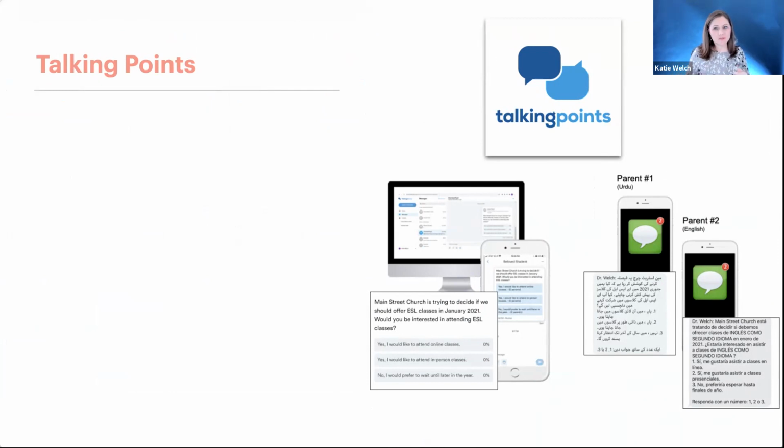And so when we think about those domain specific words like makeup work, Remind doesn't necessarily, when it's translating, think, oh, I'm in an educational space. If I see makeup, that may mean something different than what it typically means. Whereas talking points actually have programmed it to have education specific vocabulary in it.